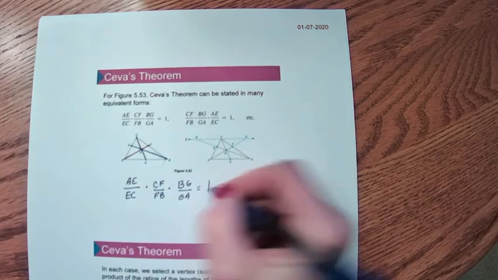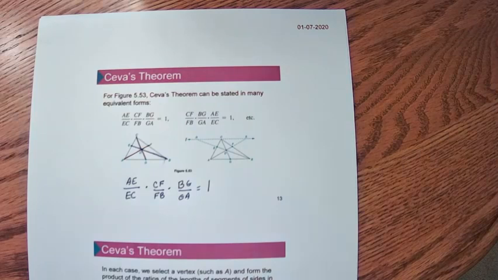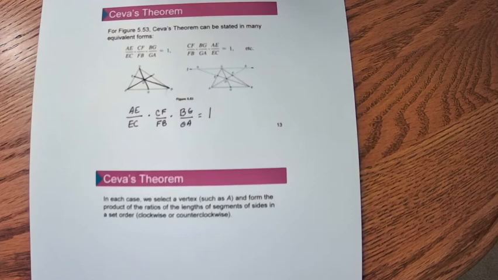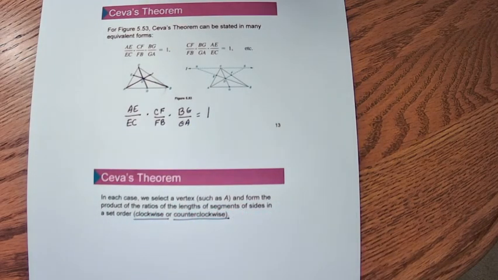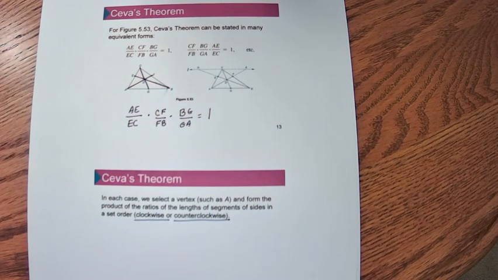Those 3 multiplied will always equal 1. So, that's kind of interesting. You just have to remember you have to go clockwise or counterclockwise, one way or the other, because if you get your proportion set up or get your ratios set up incorrectly, it's not going to work.